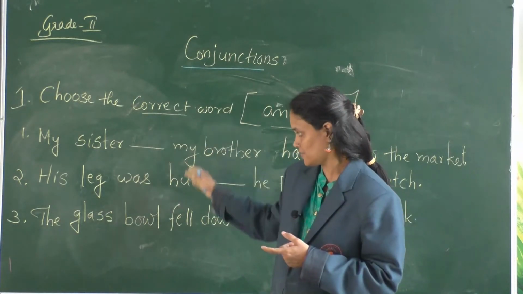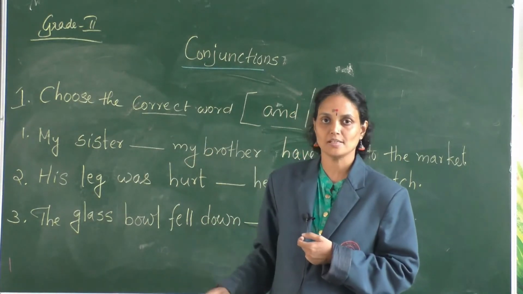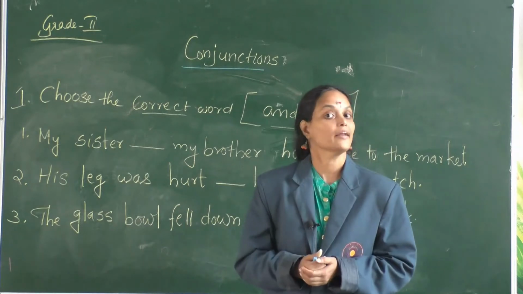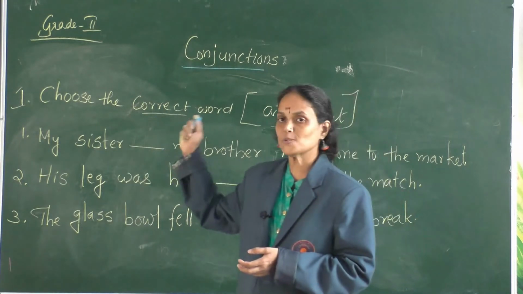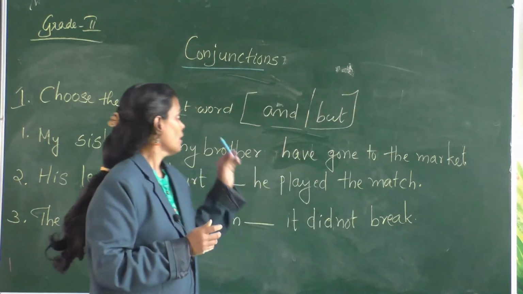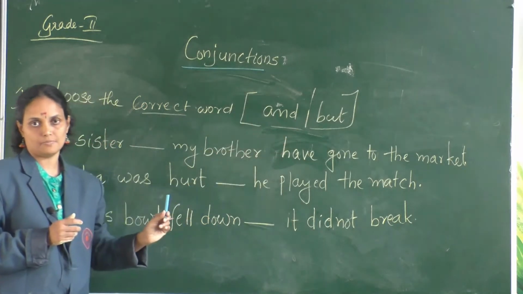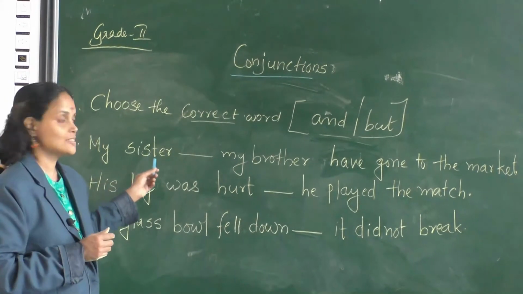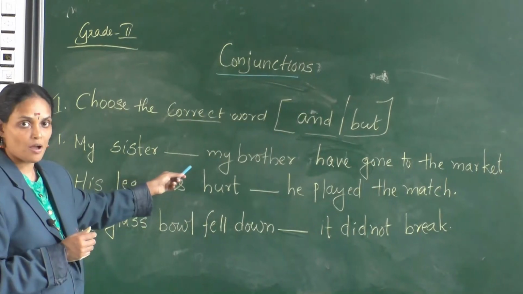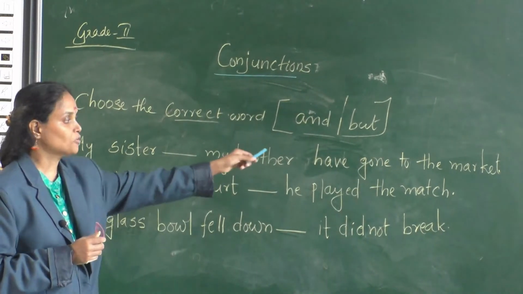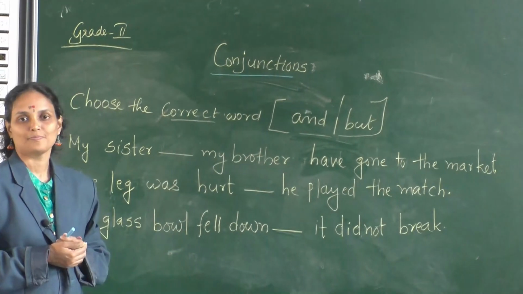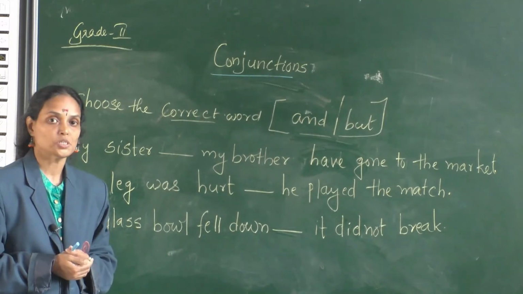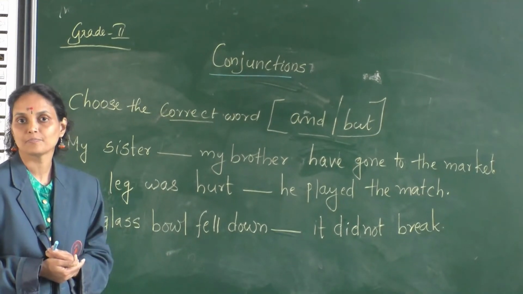Before going to the last conjunction, let's just revise the points that we have discussed already. I have a very simple activity here, just to go through the questions and find out the answers. Choose the correct word, and or but. The first question is, my sister dash my brother have gone to the market. Which conjunction should be used here?